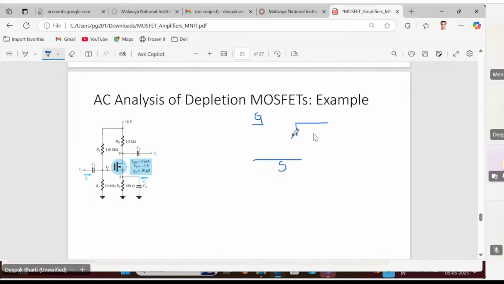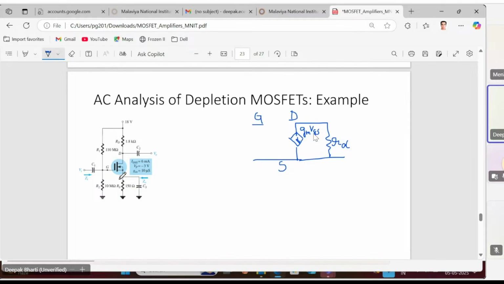Between drain and source, this is your gm VGS. This is your rd. Okay, so this is the small signal equivalent for the MOSFET.